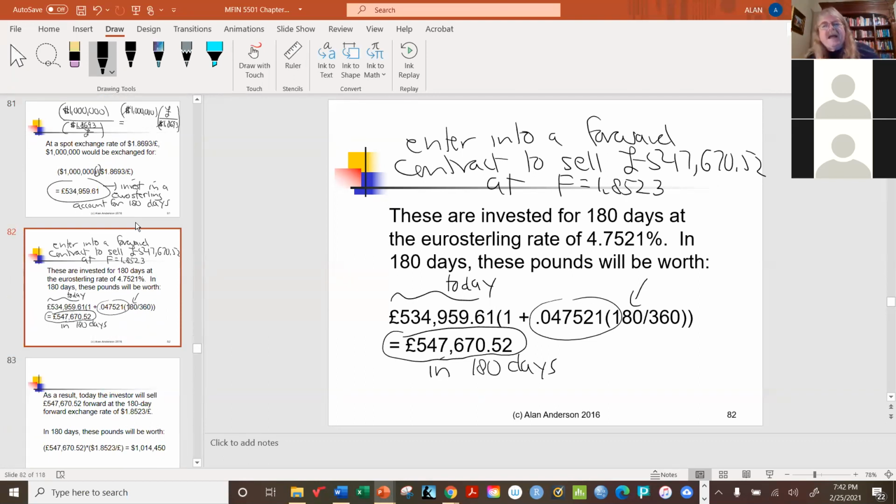Okay, that's this point in time today. That's how much the forward exchange rate is for delivery in 6 months or 180 days.